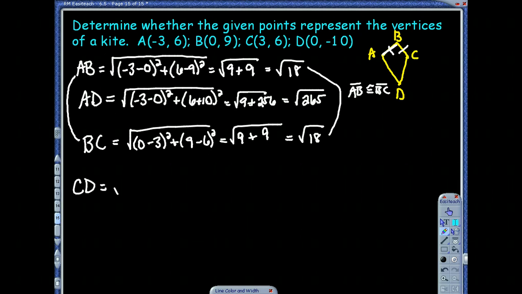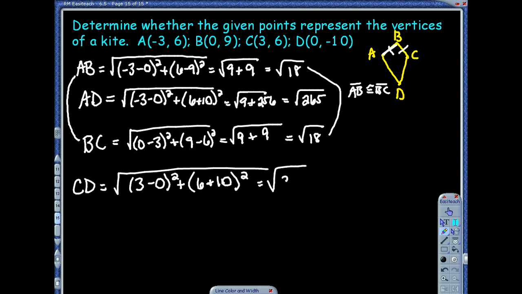We have one more side. CD is the last one: the square root of 3 minus 0 squared plus 6 plus 10 squared. That's the square root of 9 plus 256, which is the square root of 265, the same as AD.